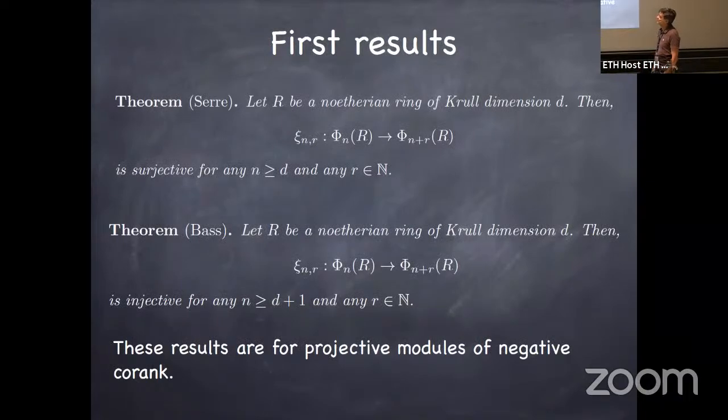So from the very beginning, you have nice results, which are actually about the stabilization map. The first one was obtained by Serre at the very beginning of the theory.